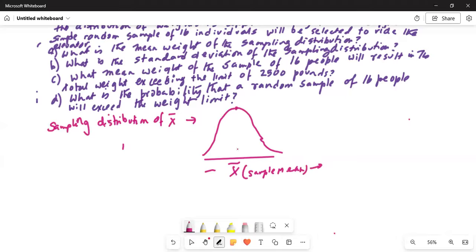The center is where the relative frequency or probability is highest. That's the center of this curve, which is mu x bar, the mean of the sampling distribution of x bar.